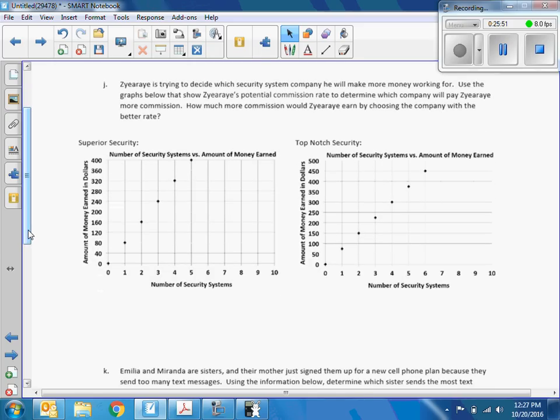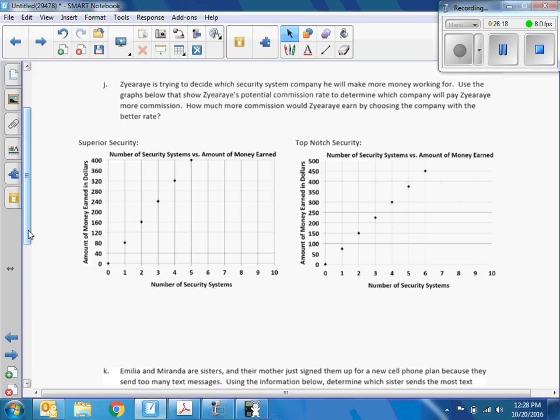Wow, this is a long lesson. Zaire is trying to decide which security system company will make more money working for. Use the graph below that shows their potential commission rate to determine which company will pay them more commission. How much more commission would they earn by choosing the company with the better rate?